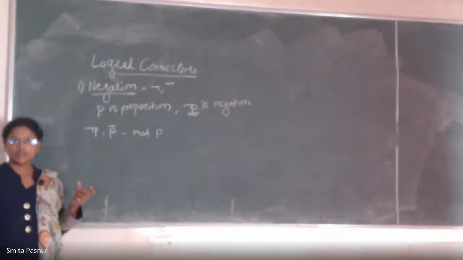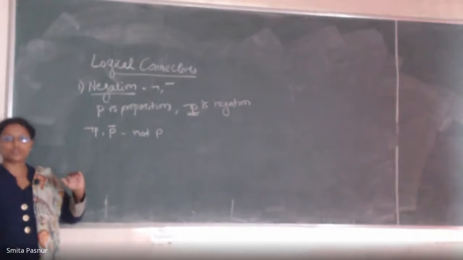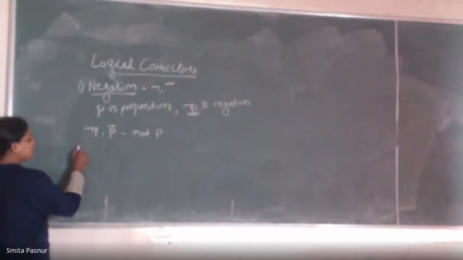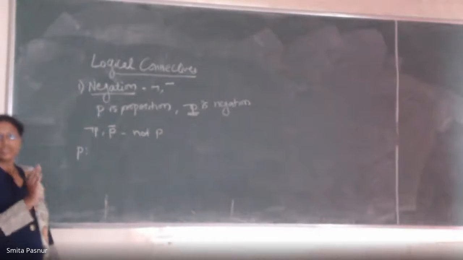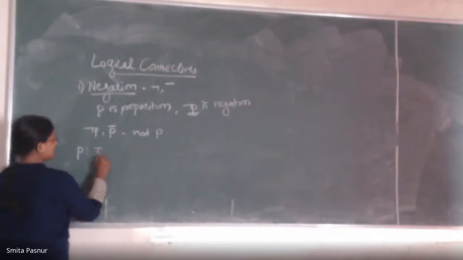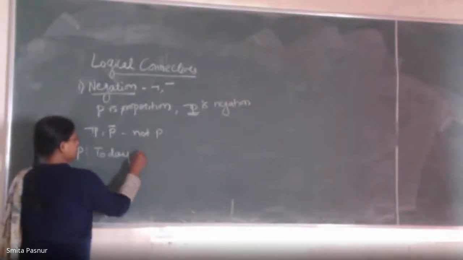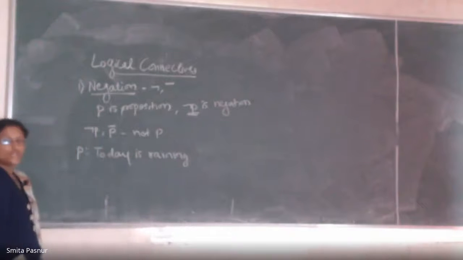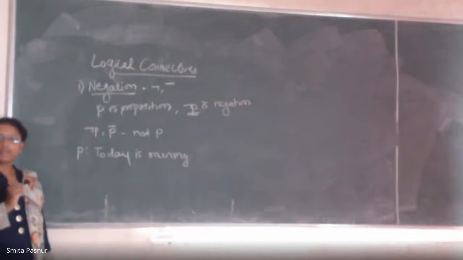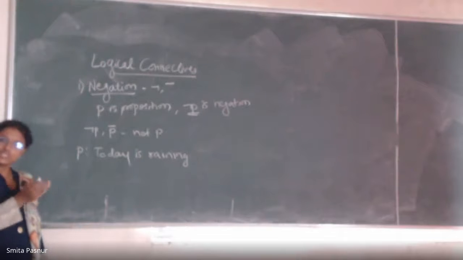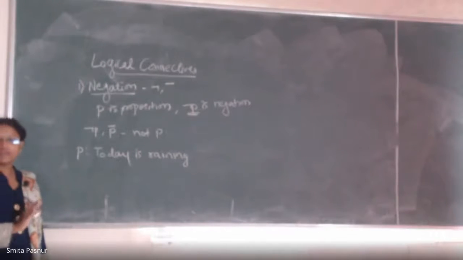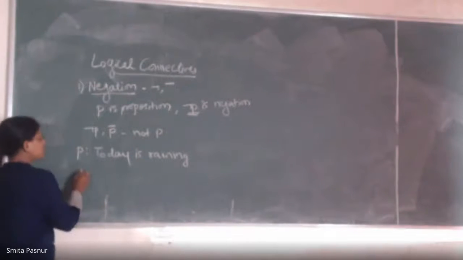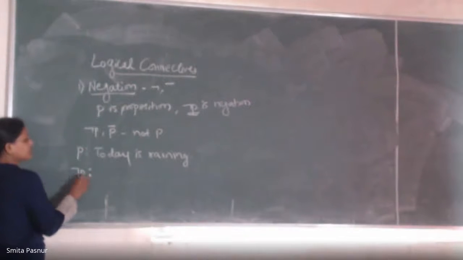What is negation? It is nothing but the opposite of the given statement. Now we will see one example. Suppose I am writing a statement P: today is raining. Today is raining is my proposition. Now I want to convert this proposition to negation. I want to say just the opposite of it. So the negation I am going to show like this.